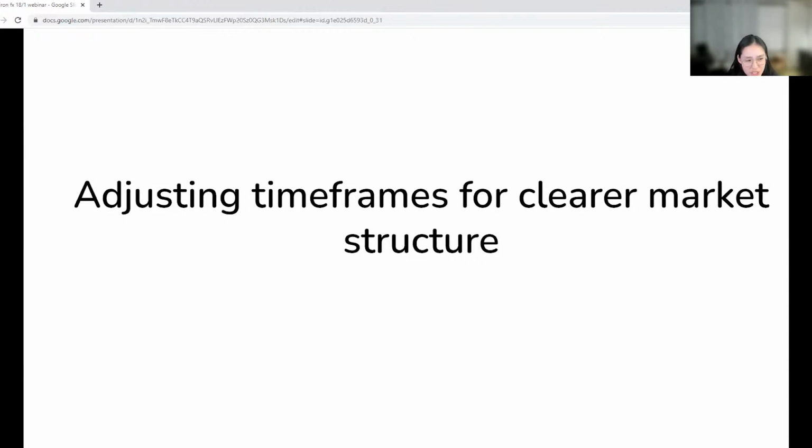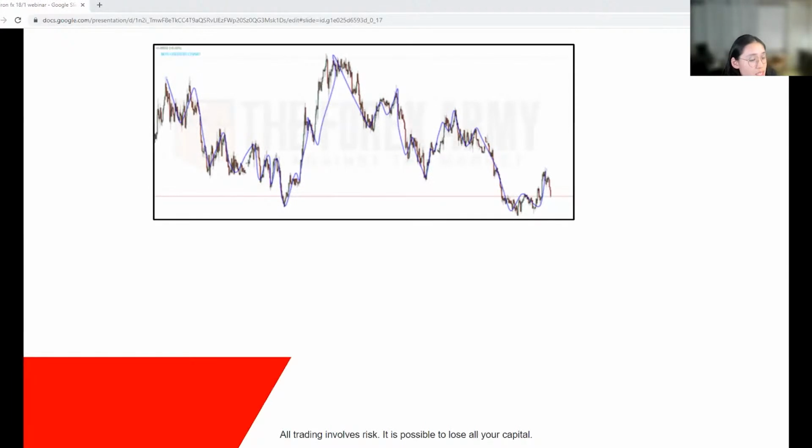If there's too much chaos in the shorter time frames, it doesn't mean that the entire currency pair is not able to be analyzed at that point of time. It could just mean that you need to take a step back to get a clearer view. So I'll show you what I mean in this upcoming slide. This is an example of a chart on an M15 view.